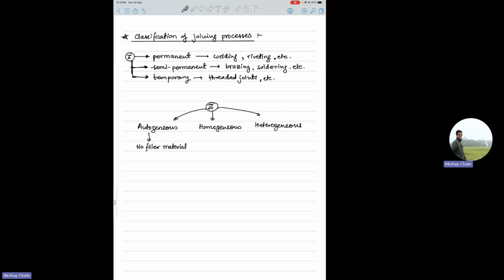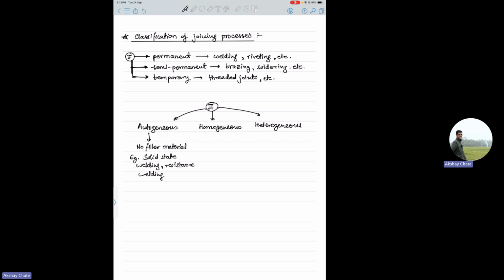And the most famous example of this kind of autogeneous processing is solid state welding and resistance welding. We'll see what kind of methods these are and how they operate in the subsequent classes. So for the time being, just bear with me.